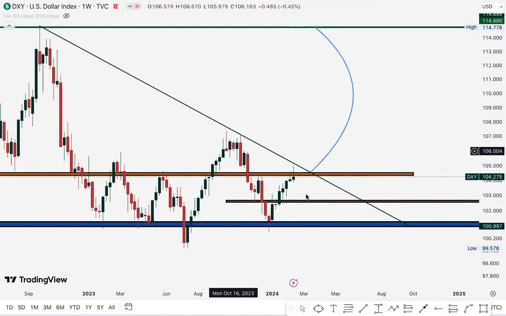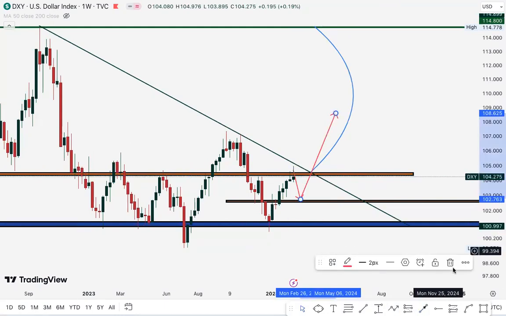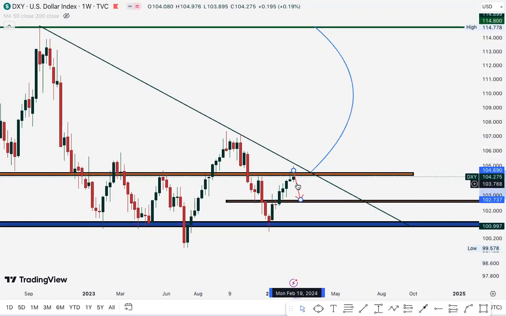So this could potentially be the third touch of the trend line here. Who knows? All right. So this coming week will be the deciding week for the dollar index to finally make up its mind. If it wants to fall back down, it's entirely up to it. If it wants to rally all the way up, it's entirely up to it. Whatever it does, one thing is for sure, that I will make money. All right. That is just that. No two ways about it.